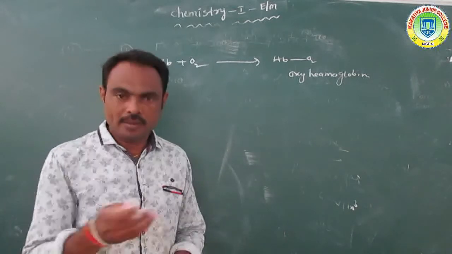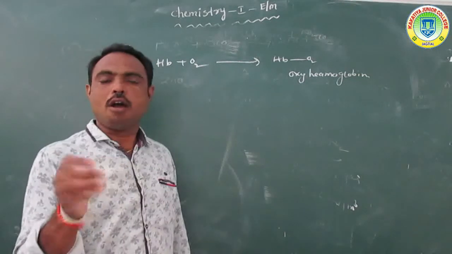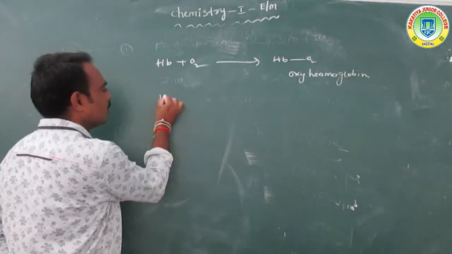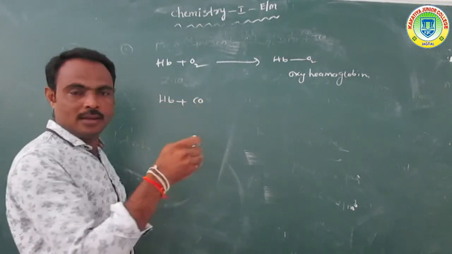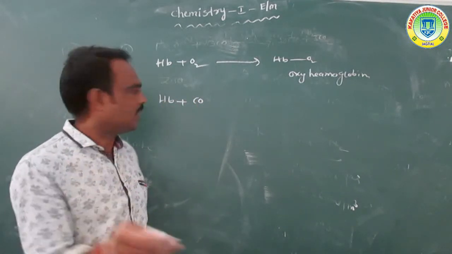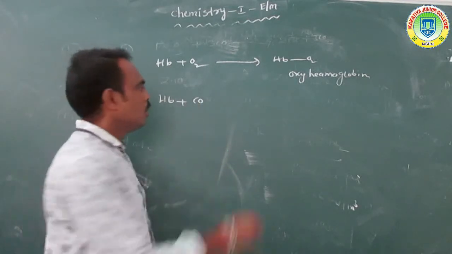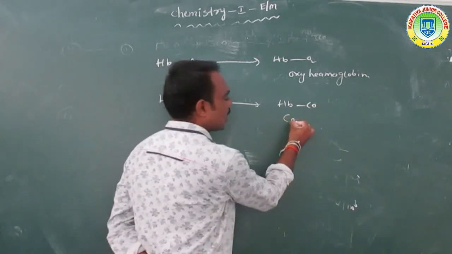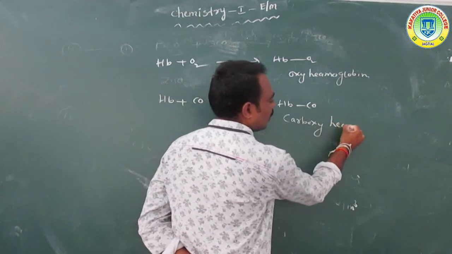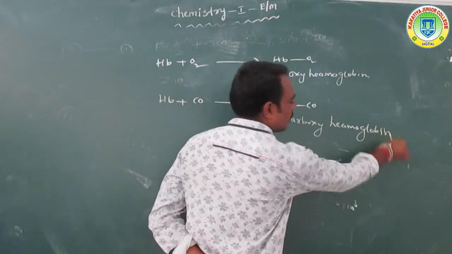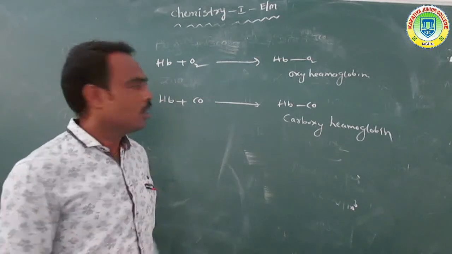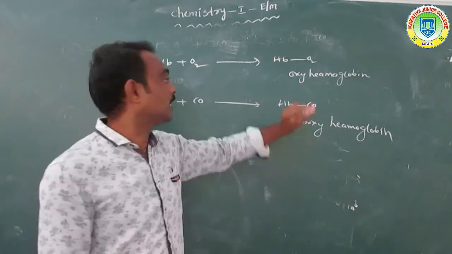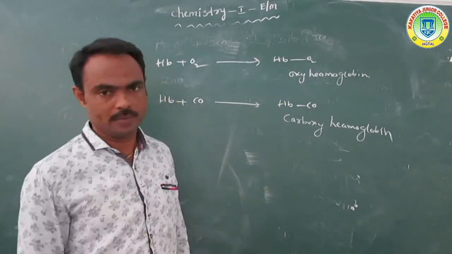But when in place of oxygen we have carbon monoxide, that time hemoglobin reacts with carbon monoxide to form carboxyhemoglobin. Carboxyhemoglobin is a more stable compound than oxyhemoglobin.